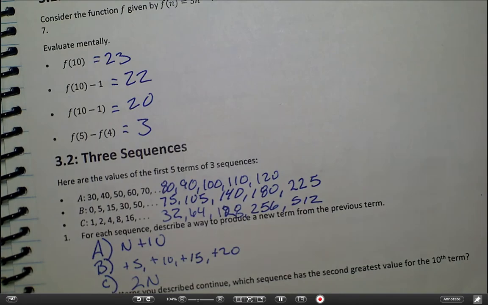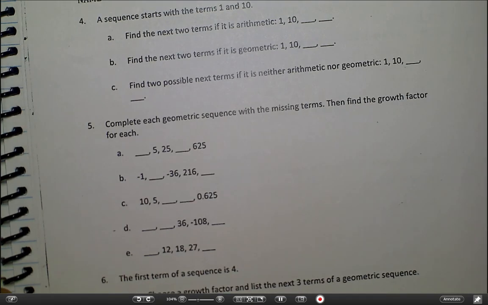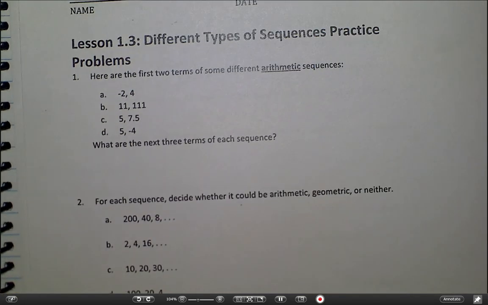Okay, now that we got that, let's take a look at page 6. Oh, wrong side. There's page 6. Now, here are the first two terms of some different arithmetic sequences. Now, arithmetic means what?